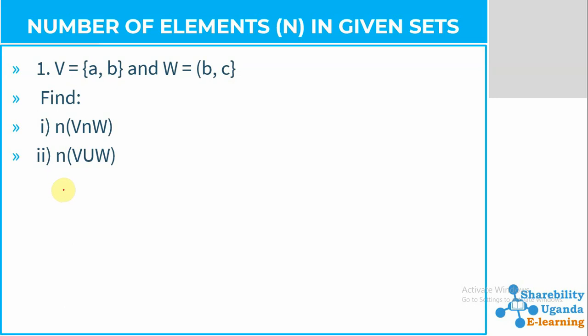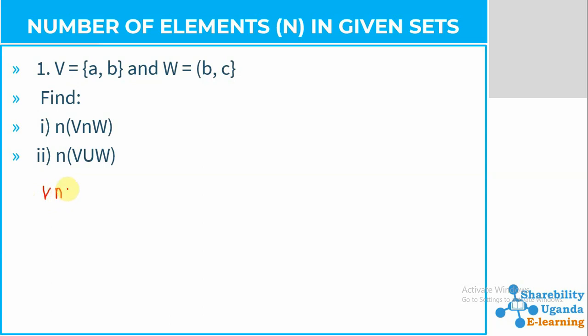Set V has A, B, then set W has B, C. To find the number of elements of V intersection W, we first have to understand which elements are common in our sets.